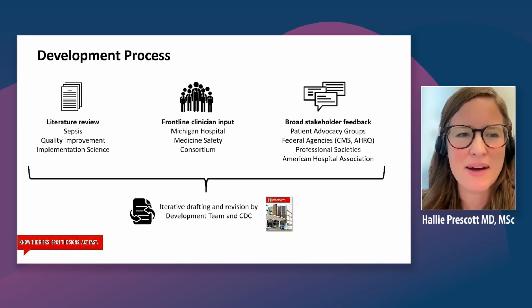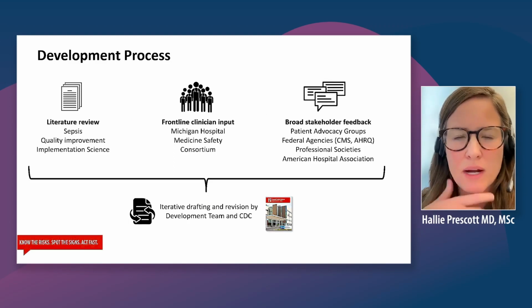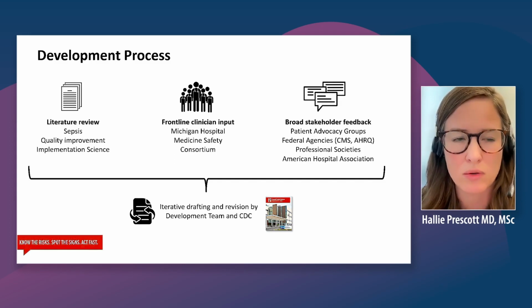In terms of the development process, there was a number of things that we considered as we developed the core elements. First, we reviewed the existing literature on sepsis quality improvement, but also broader quality improvement and other conditions that would be pertinent to sepsis.